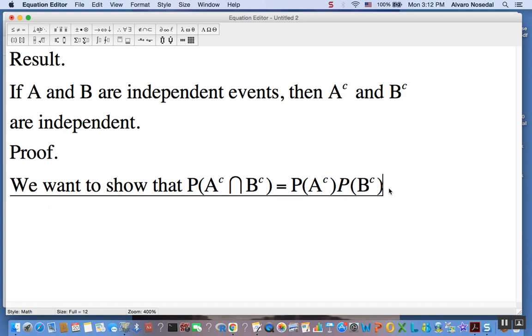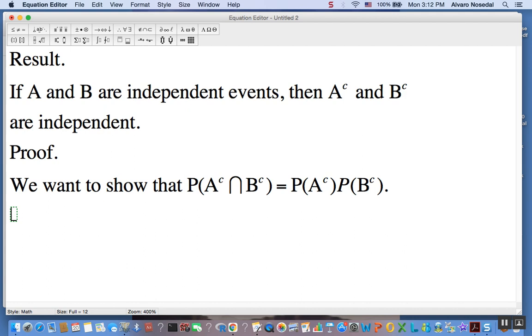We could show the independence in a different way, but I'm choosing to use this one. We could use conditional probabilities, for instance, but let me use this. You'll see that it's going to work.